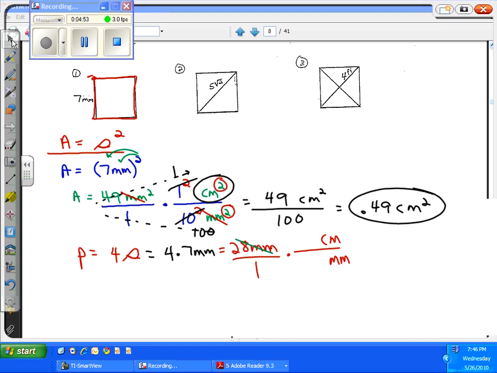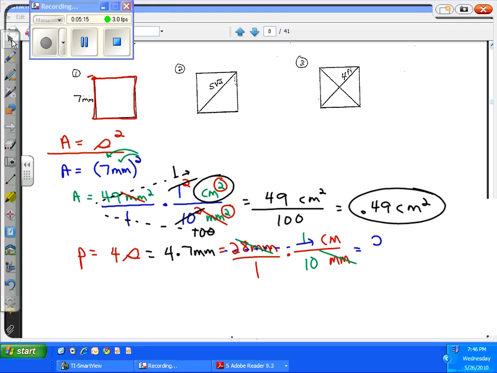This way, that name milli cancels. So we say, well, which one's the big one? Centi, so we make it a 1. How many of those little millis is in a centi? 10. We've got centi to the first and milli to the first, so we leave those dimensions like they are to the first power. We multiply what's left.